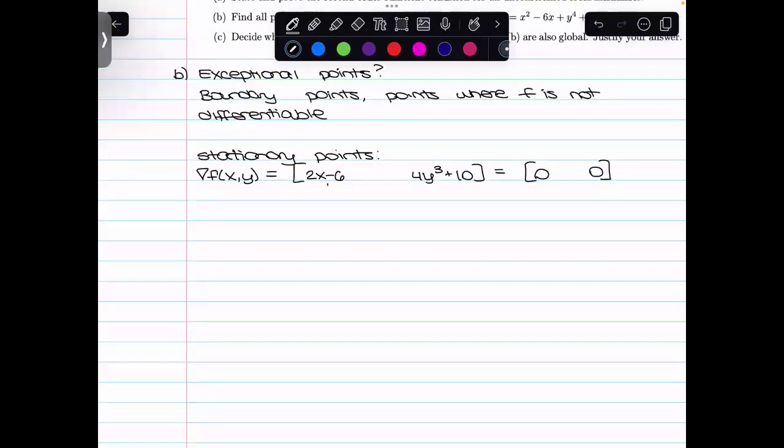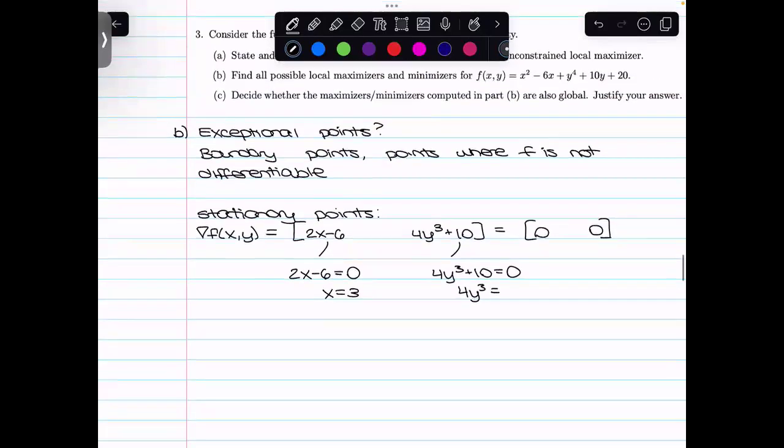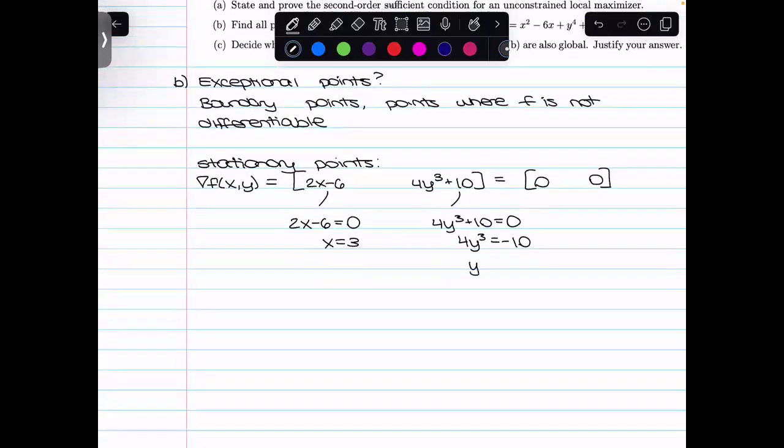It doesn't really matter which one we start with. We should get x equals 3. And here we're going to get y cubed equals minus 5 over 2. And then we have to take the cube root of that.